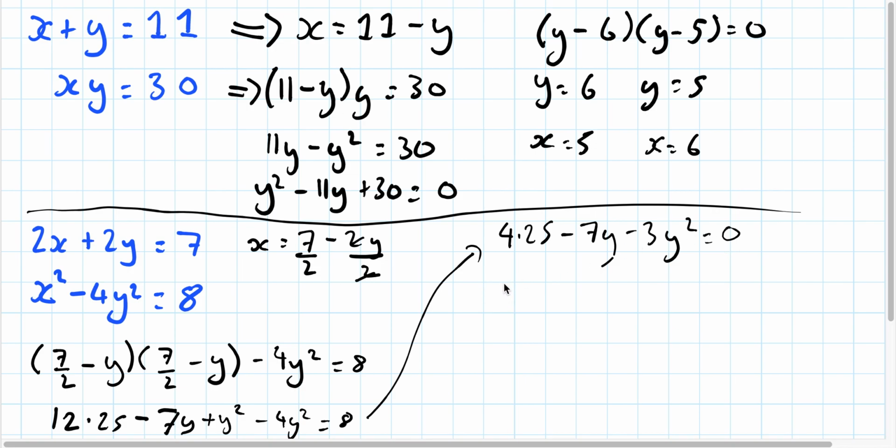Here I'm going to rearrange this into 3y squared plus 7y minus 4.25.